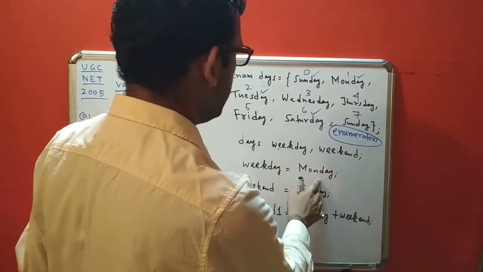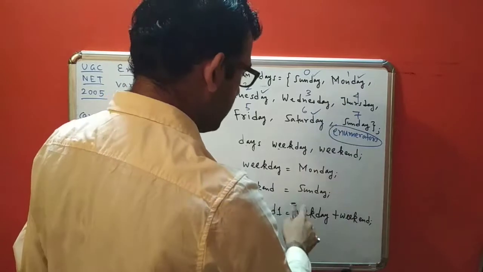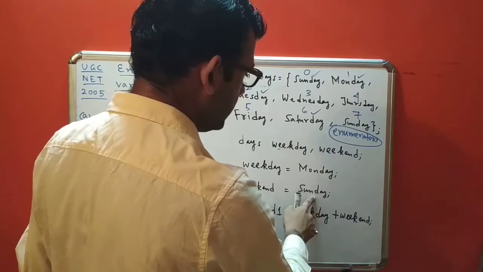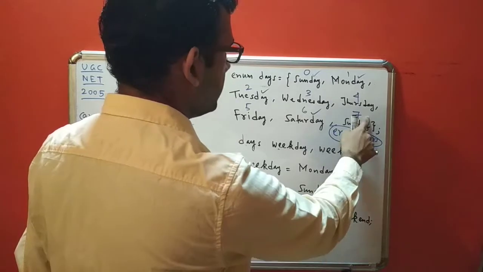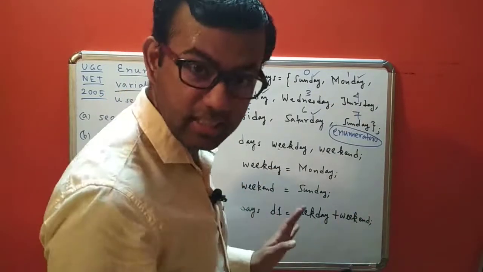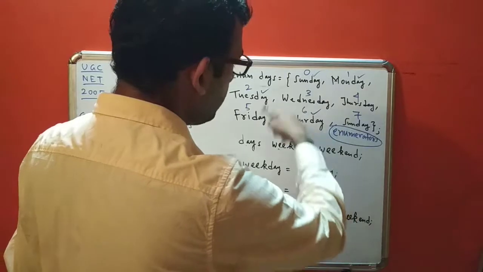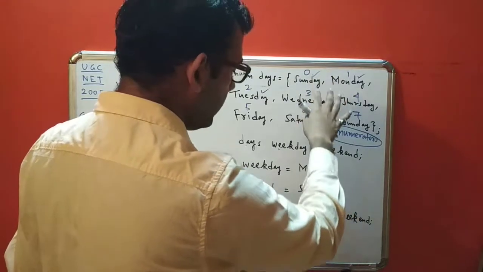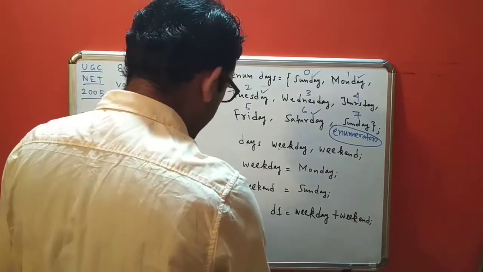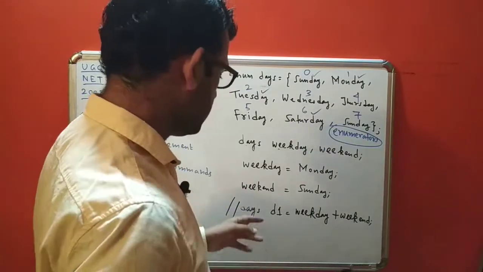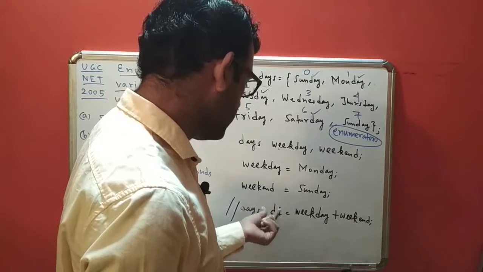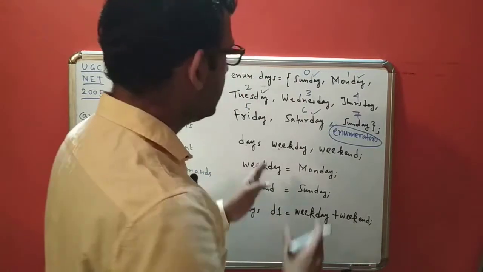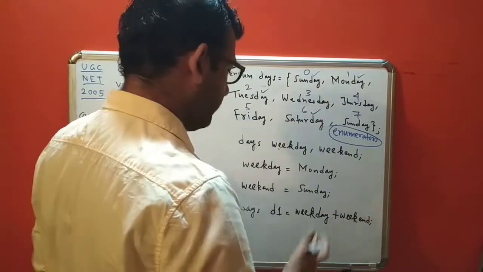Weekday here is defined as Monday. Monday has a value of 1. And what is weekend? Weekend is Sunday that has been assigned to it, and Sunday in this case is 7. So what is 1 plus 7? 8. So 8 is nowhere present in this list. It's not defined here. So this statement will flag an error. So I'm commenting it out. So you can carry out addition, subtraction, provided they do not exceed the range that you have defined.